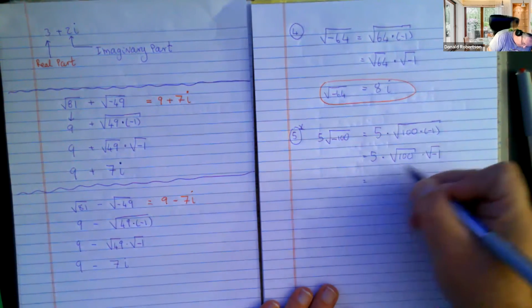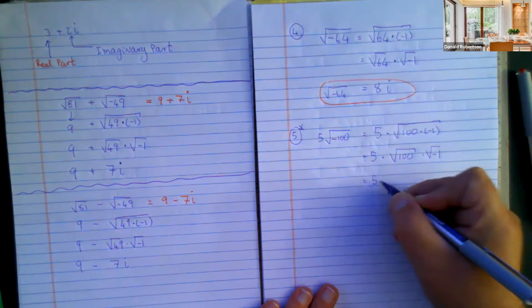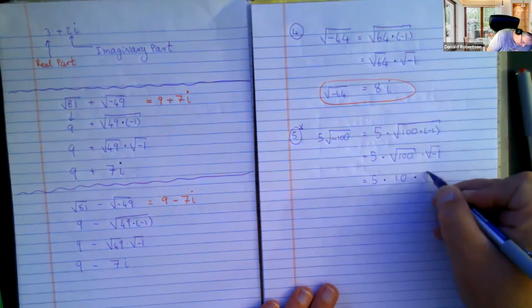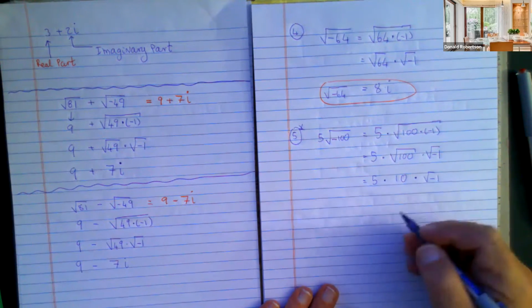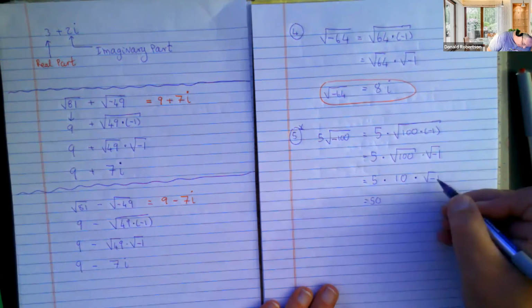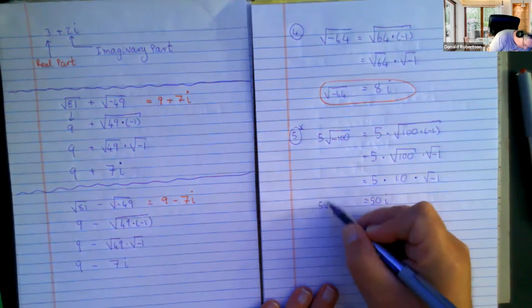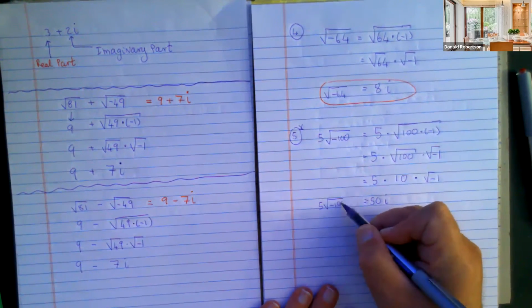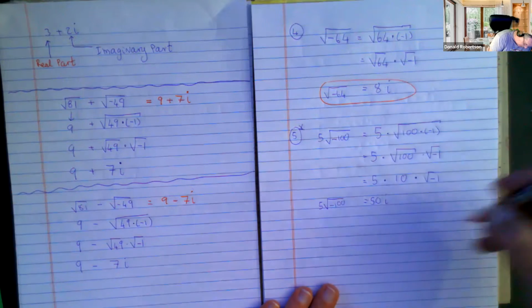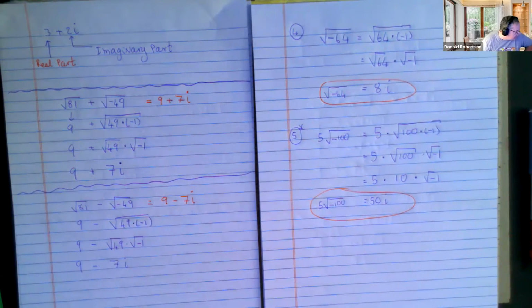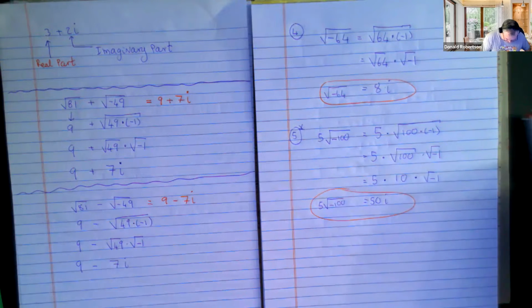The square root of 100 is a nice exact value, it's 10. And 5 times 10 gets you 50. And the square root of negative 1 gets you i. So there we go. This 5 times the square root of negative 100 is, not surprisingly, 50i.